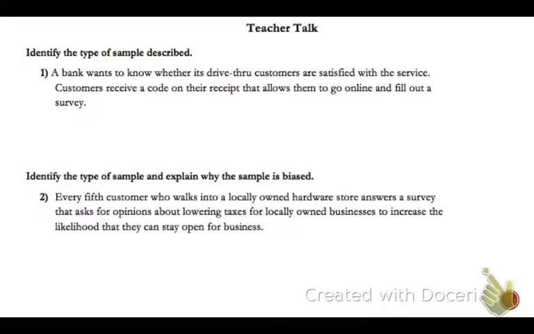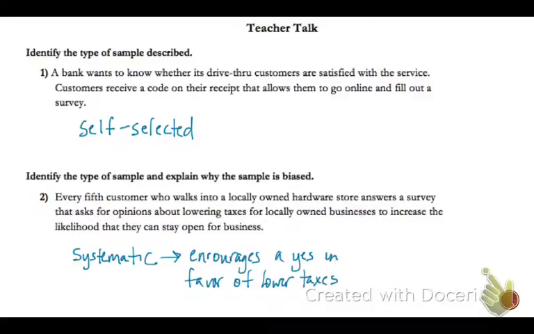For some final practice, do the teacher talk questions, pause the video, and then come back and check your responses with my responses. So in number 1, that's a self-selected group. Number 2, that is a systematic sample, and its bias is that it encourages a yes in favor of lower taxes.